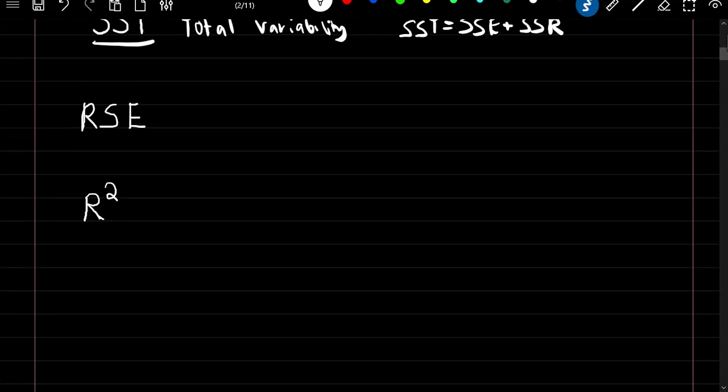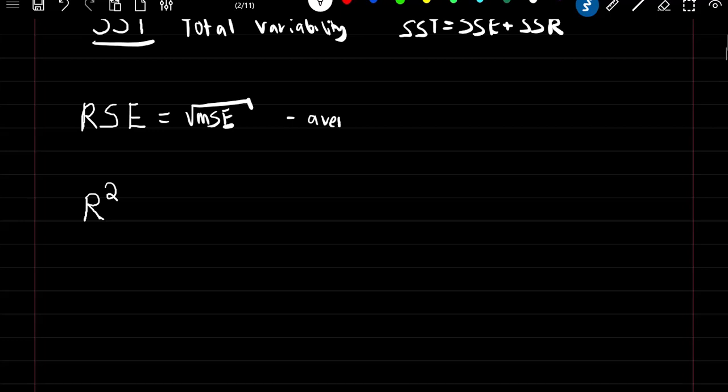We then learned we can quantify the performance of our model using the residual standard error, which is just equal to the square root of our mean squared error. The residual standard error can be interpreted as the average amount that the response will deviate from the true regression line.